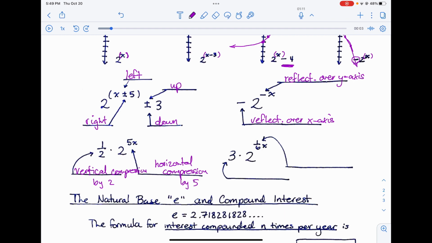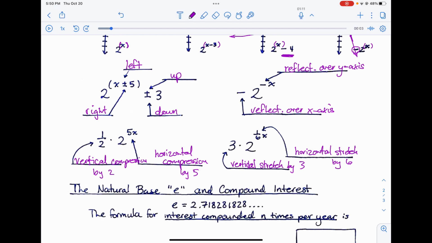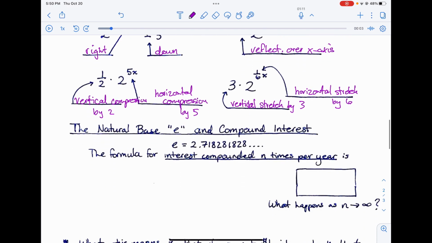The 3 out in front is going to be a vertical stretch by 3. And that 1/6 is going to be a horizontal stretch by 6. You usually take the reciprocal of any fractions you see. So there you go. Those are the transformations. That's all of them. So they still apply, is the whole point of that.